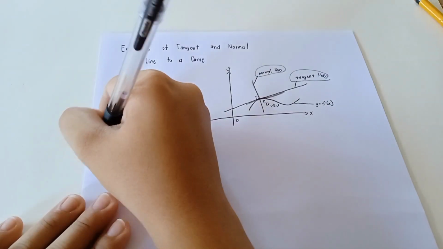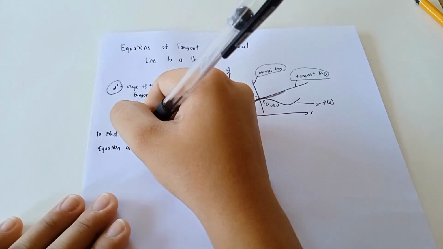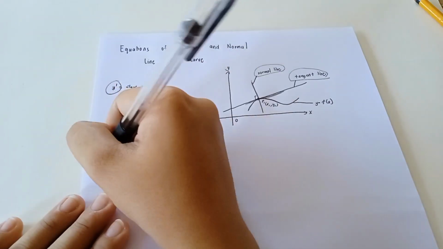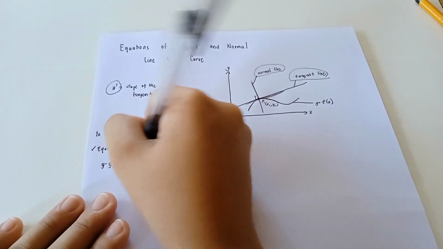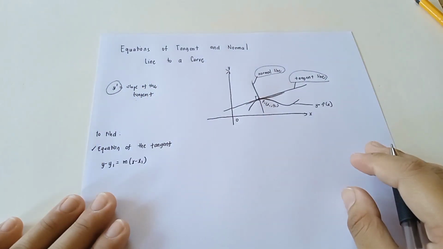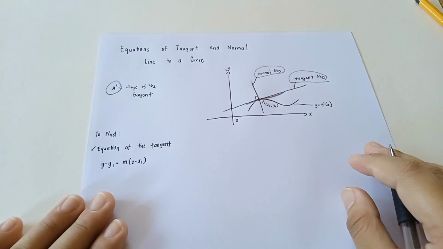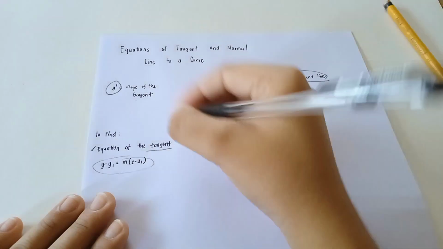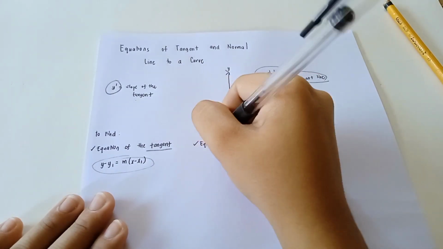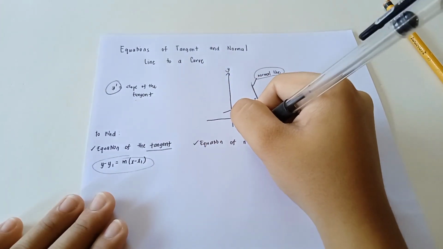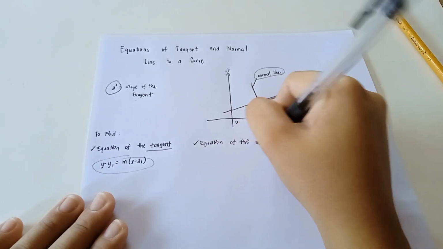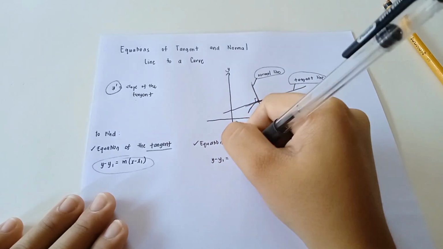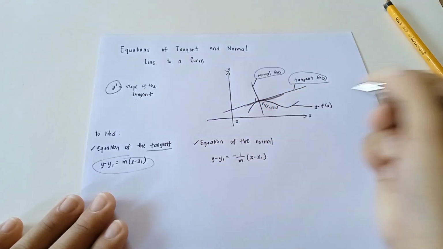The equation of the tangent is given by the point-slope form of the equation of a straight line in analytic geometry. That is, y minus y sub 1 is equal to m times x minus x sub 1. And that is for our tangent. And since the normal line is perpendicular to the tangent, as shown in our graph there, its slope is the negative reciprocal of the slope of the tangent.